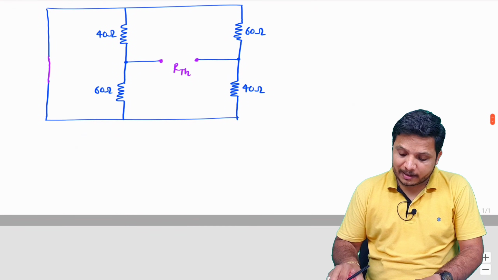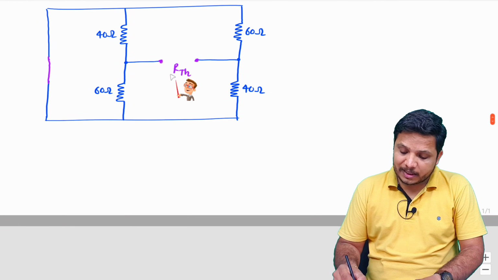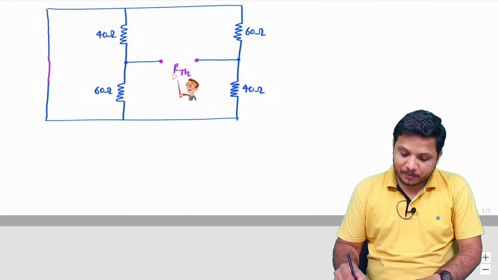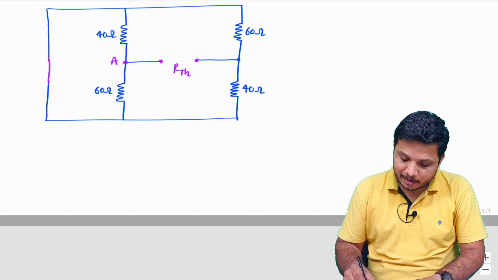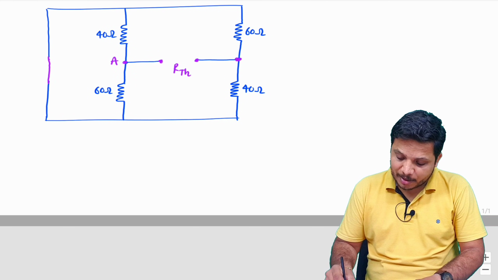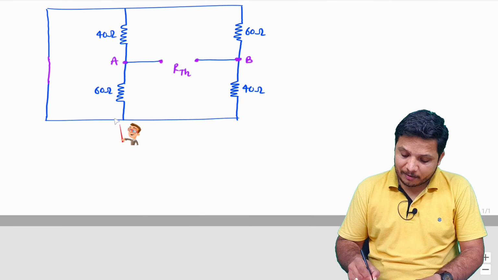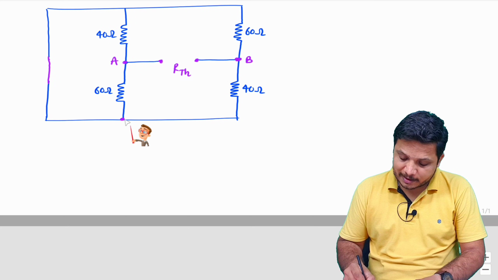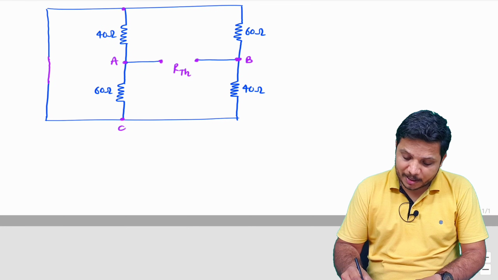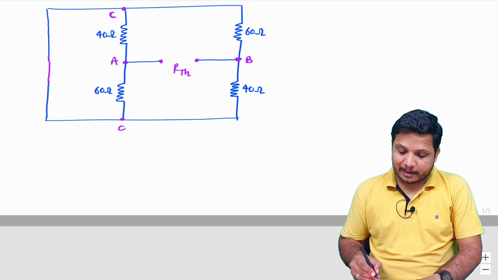Now to simplify this RTH, we need to simplify this circuit further. Let me consider this is terminal A, this is terminal B, and now you see this is short circuited over here. So if I say this is terminal C, then obviously this should also be terminal C, right?